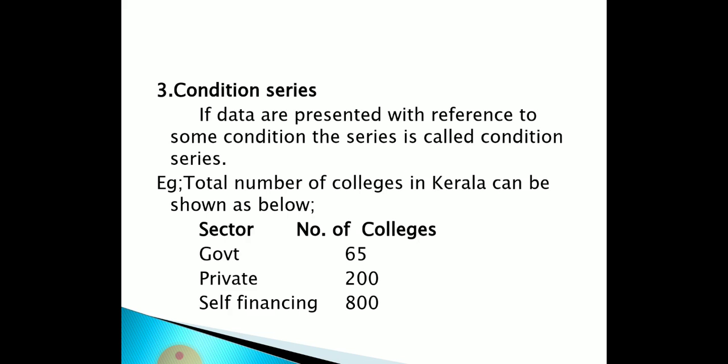Therefore, colleges that belong to a separate category are included only in that specific category. Only government colleges come under the government college category, private colleges under the private category, and self-financing colleges under the self-financing category. That is known as the condition series, if data are presented with reference to some condition.